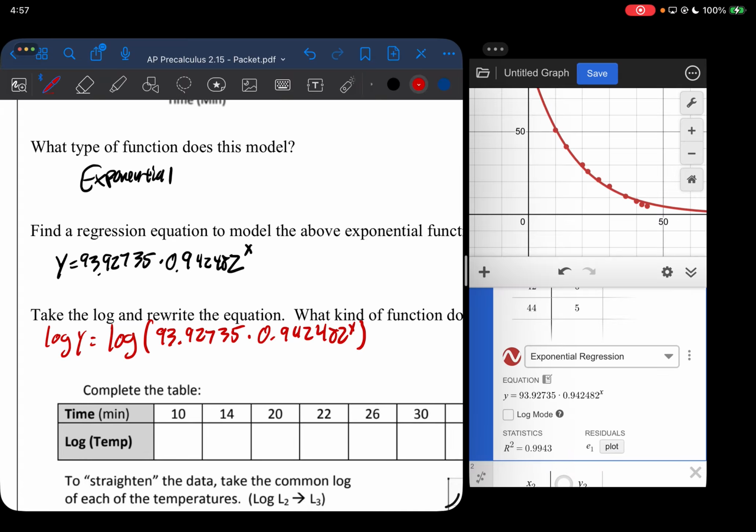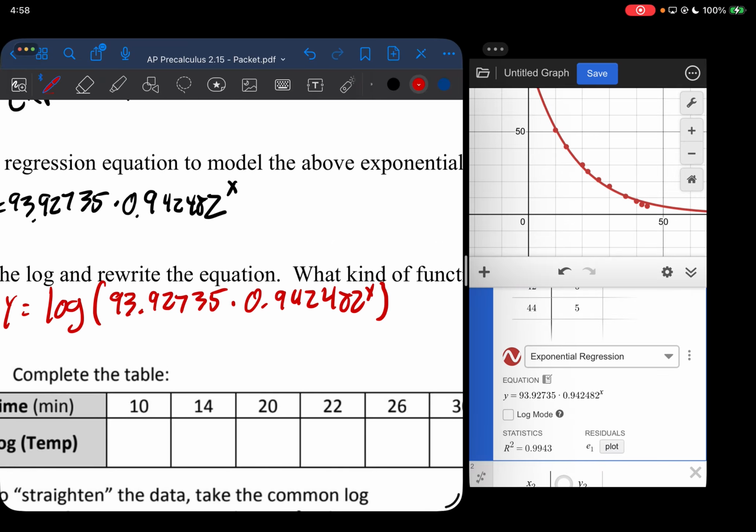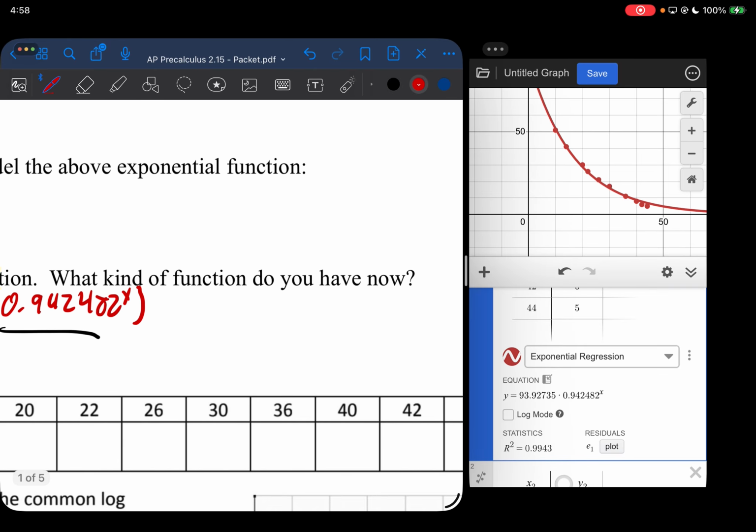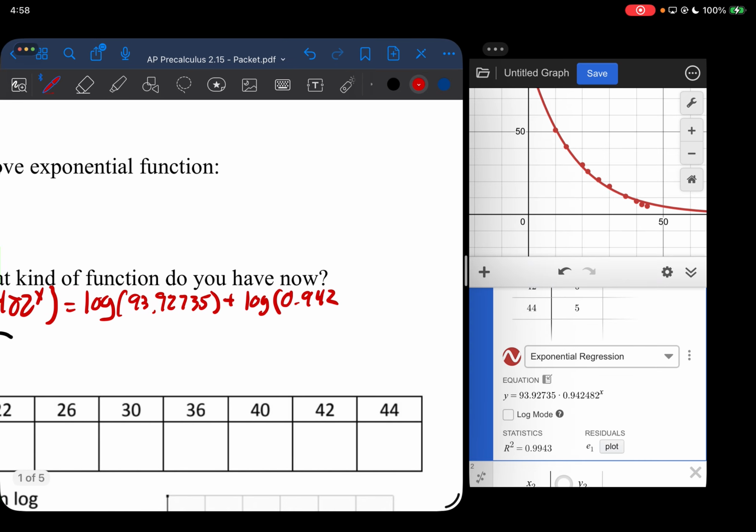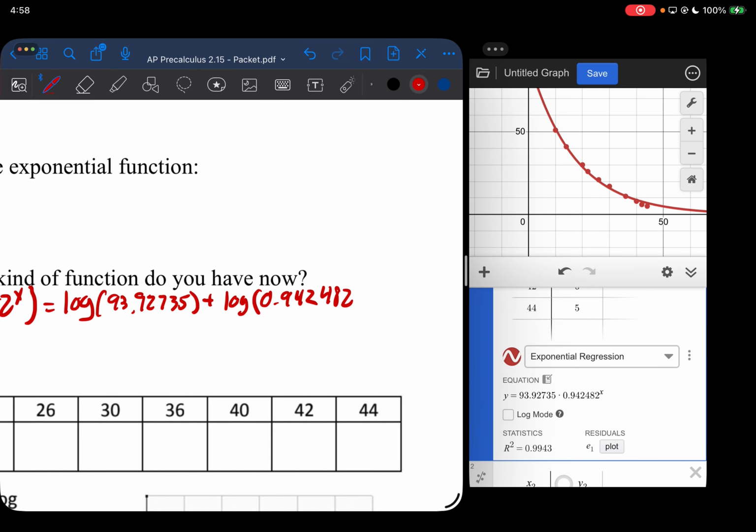Now, using our properties of logarithms, we can break this up because we are multiplying these two quantities. So that equals log of 93.92735 plus log of 0.942482 to the x. Now we can also use another log property where we have an exponent that we can bring down in front.